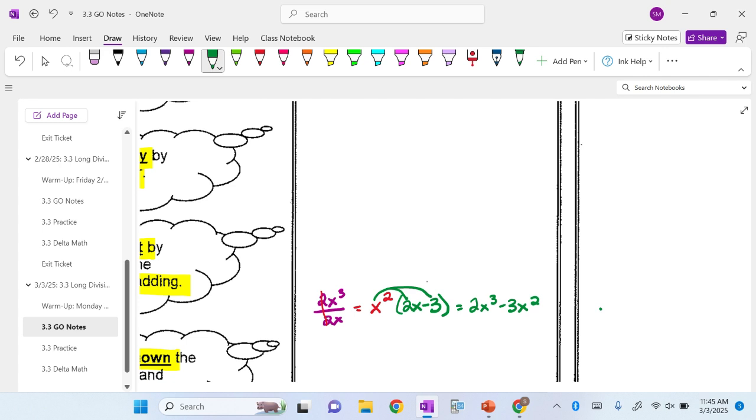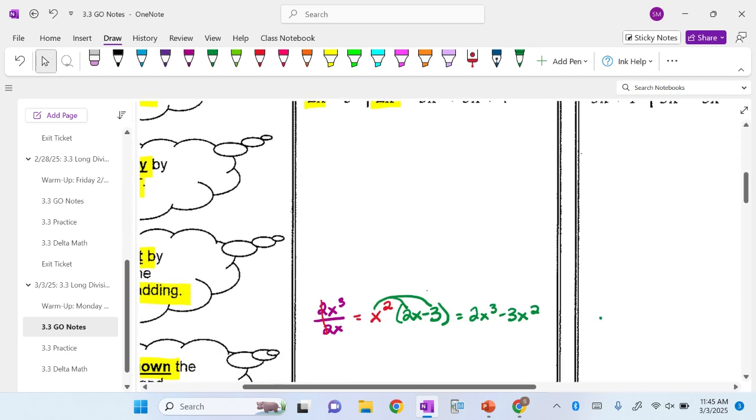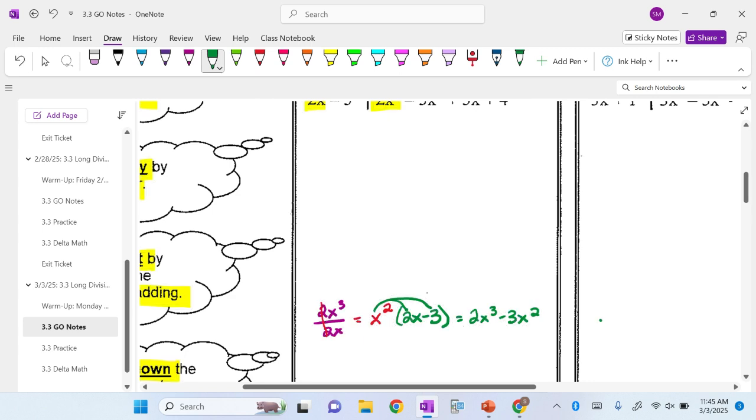So we divided, we wrote it up here. Then we got to multiply our quotient by our original polynomial that we're dividing by. That's when we get 2x cubed minus 3x squared. Now, if we're subtracting this entire polynomial to the top, what are we actually subtracting? So if we're subtracting this polynomial, in other words, we're multiplying this polynomial by a negative, what are we actually putting up top?